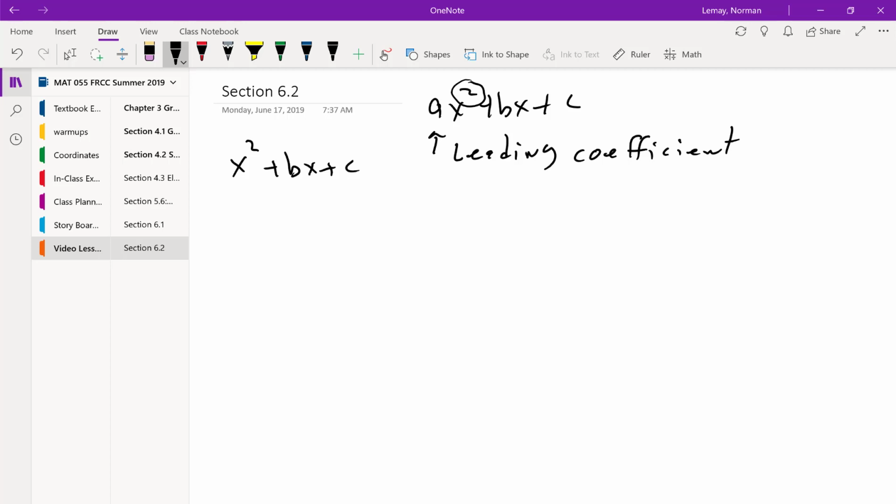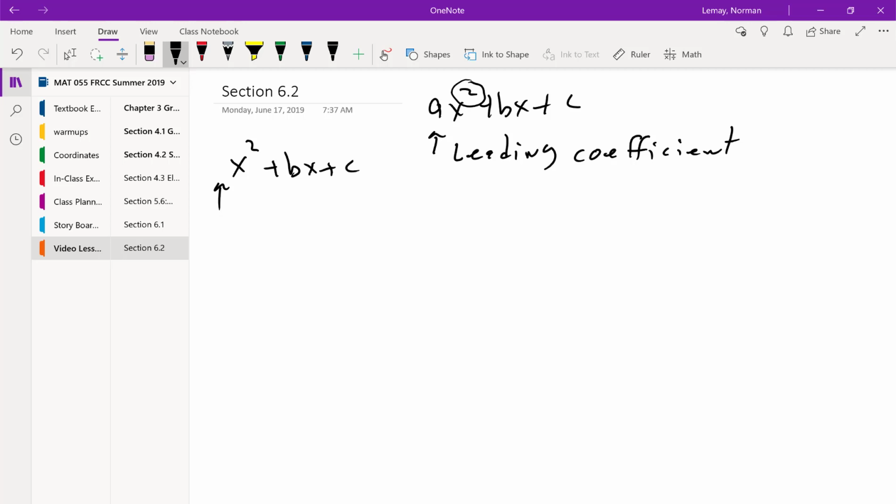So in this case, we are looking at factoring this trinomial. This is a special case when the leading coefficient is 1.